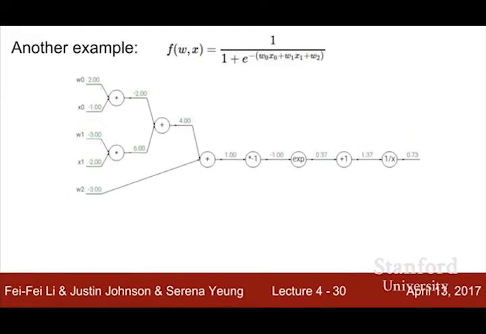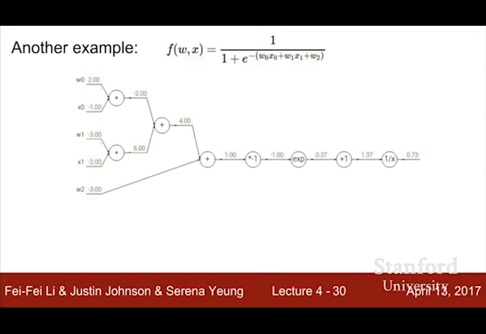So now we're going to go through another example, this time a little bit more complex, so we can see more why backprop is so useful. So in this case, our function is f of w and x, which is equal to 1 over 1 plus e to the negative of w0 times x0 plus w1 x1 plus w2. Right, so again, the first step always is we want to write this out as a computational graph.